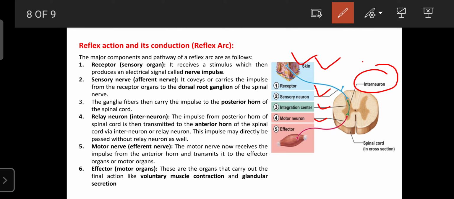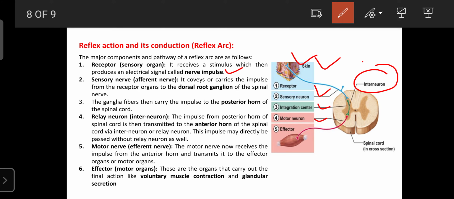For example, someone pins your hand. That is the stimulus. The stimulus is converted into nerve impulses by a receptor. Then the nerve impulses reach your medulla oblongata, or especially the cerebral cortex or cerebellum. That is the work of the sensory neuron.